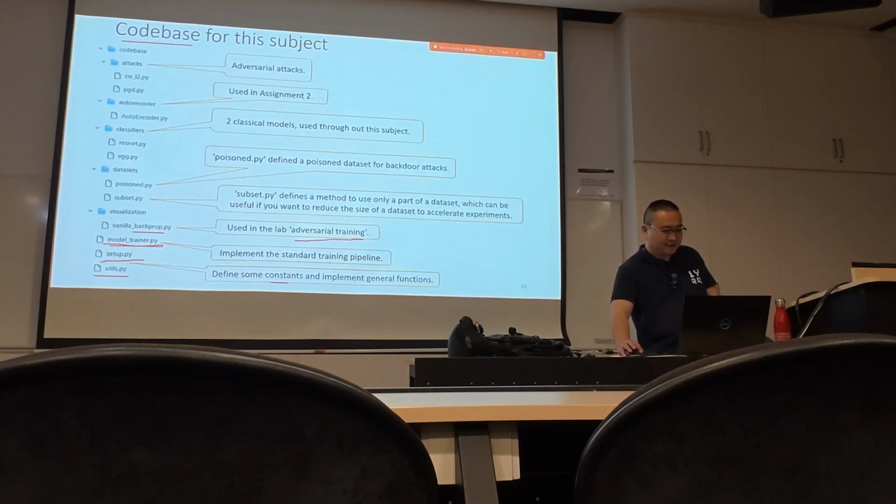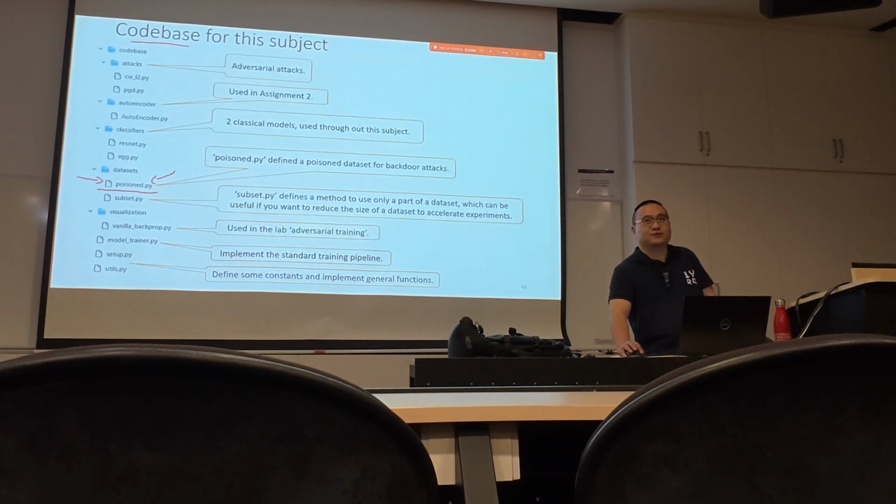And also in your assignments, sometimes you may want to modify the code in the code base. For example, you want to modify the poison dataset file. You do not directly modify this file, because when you submit your code, you do not submit the code base. Therefore, even if you modify this one, the tutor cannot see what you have done.